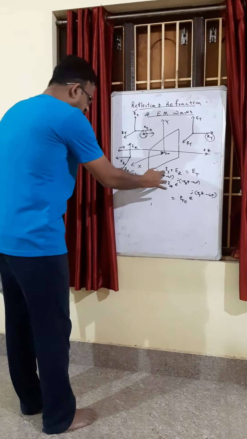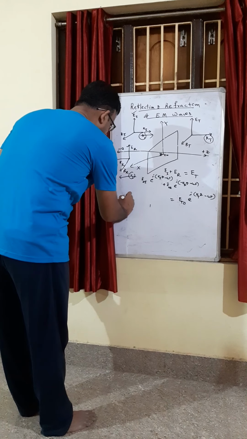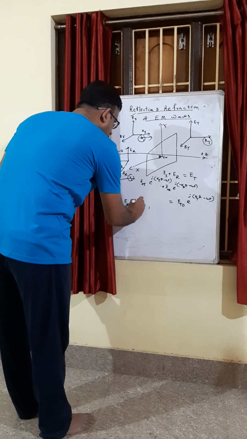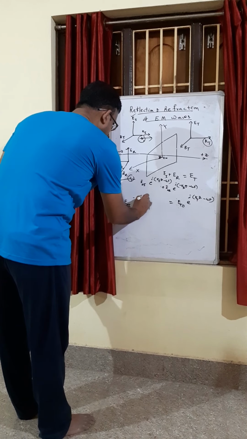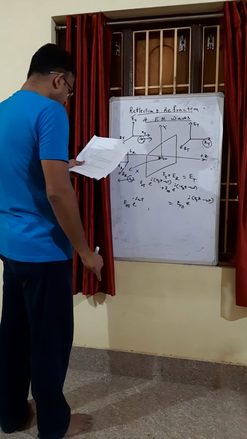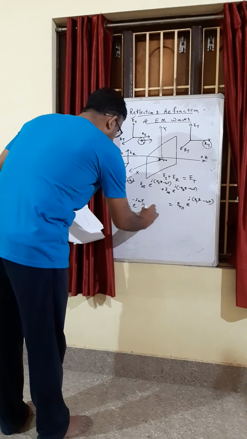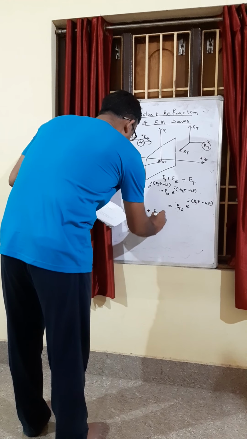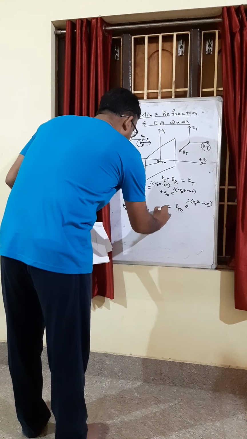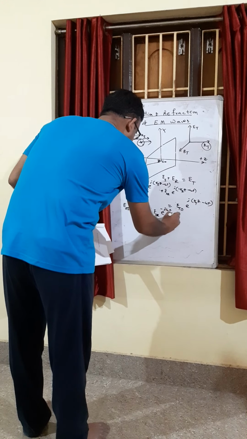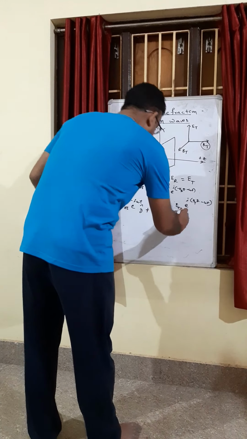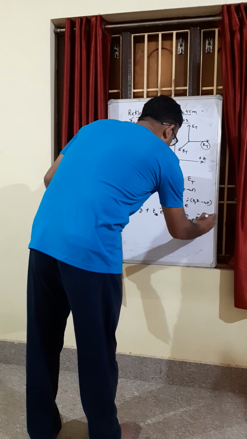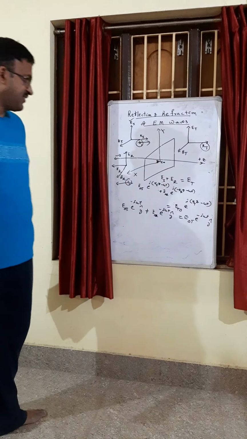So if we put z equal to 0, this equation will be reduced to EOI e to the power minus i omega t j cap plus EOR e to the power minus i omega t j cap, equal to ETO e to the power minus i omega t j cap.